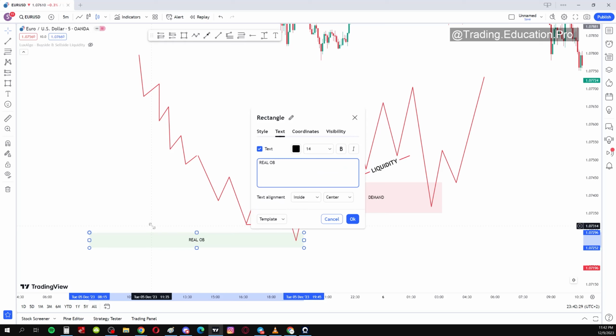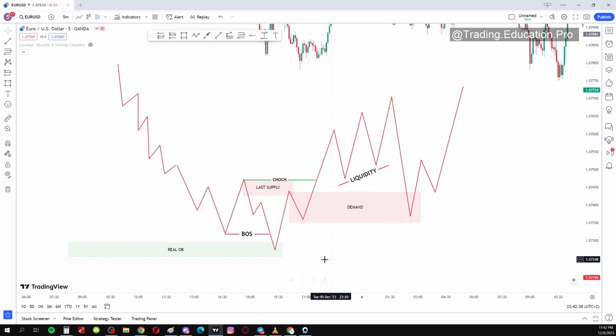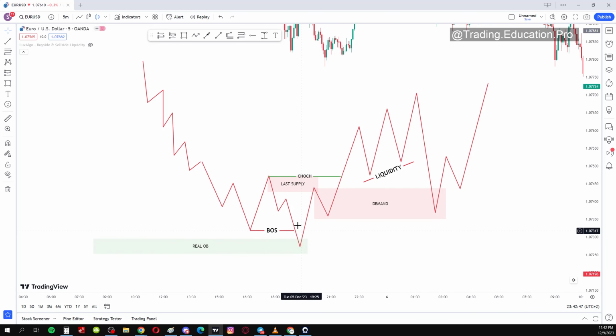This is the only time this pattern is going to work. Everybody is talking about this pattern, but it rarely works. It works only 1% of the time, only when this is coming from the real OB.